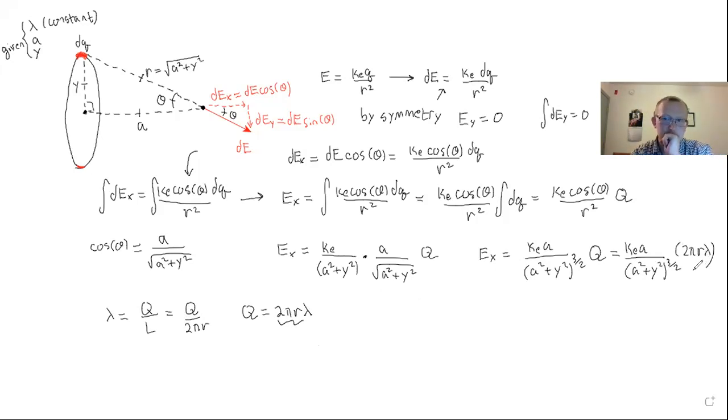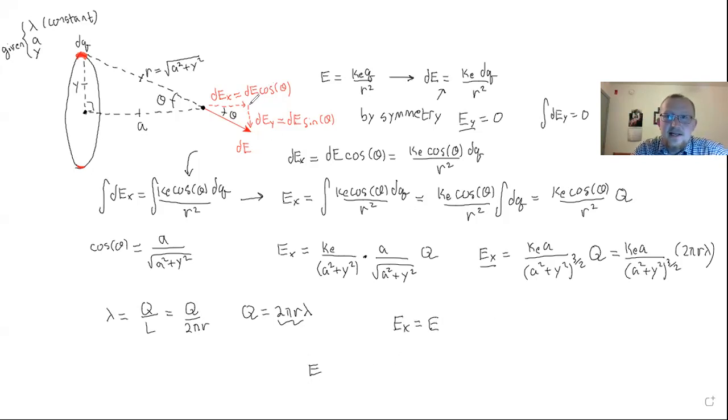All right, so this is the E field in the x direction, but of course, we showed earlier by symmetry that the E field in the y direction is 0. The net contribution in the y direction is 0. And so really, Ex is just E. It's the total E field at the point of interest.